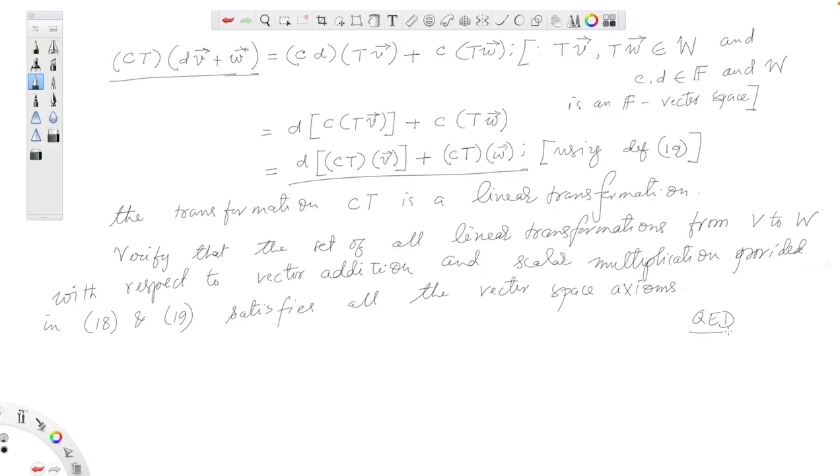QED. So once you verify this, you will see that this is indeed an F vector space.